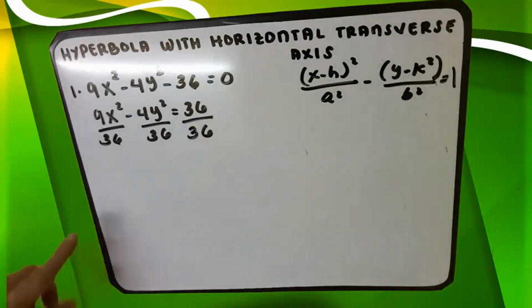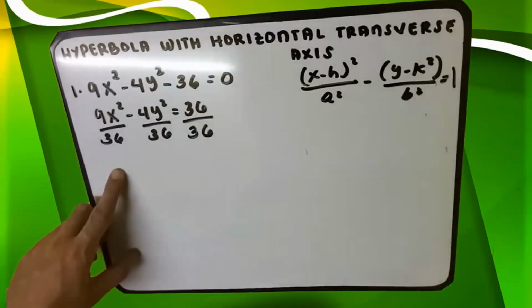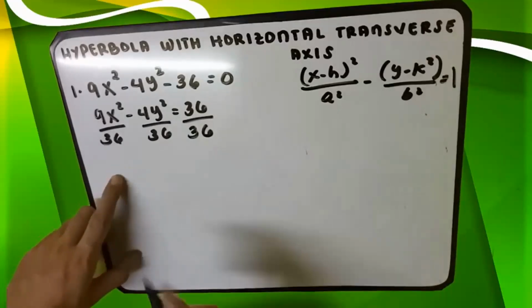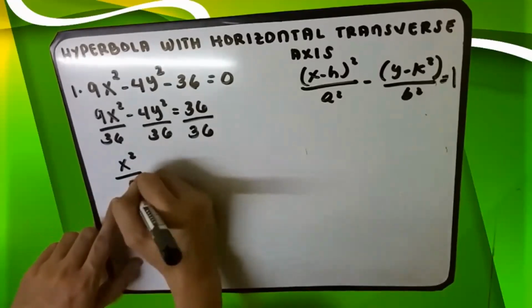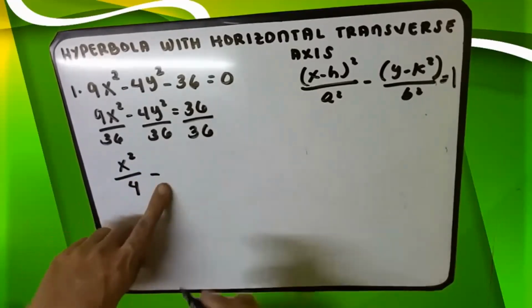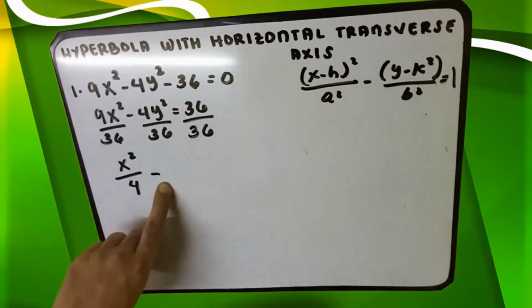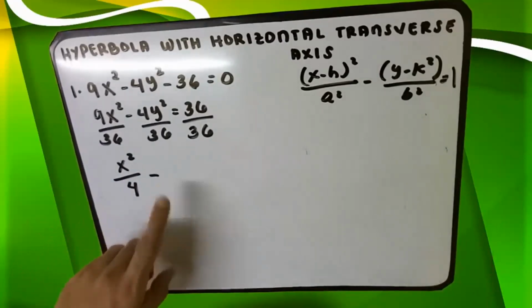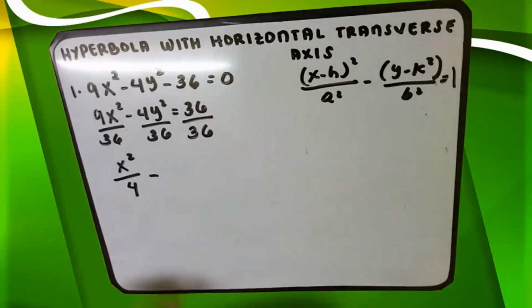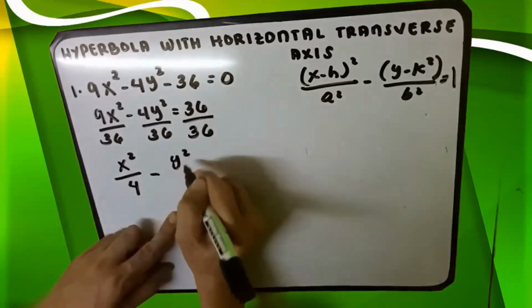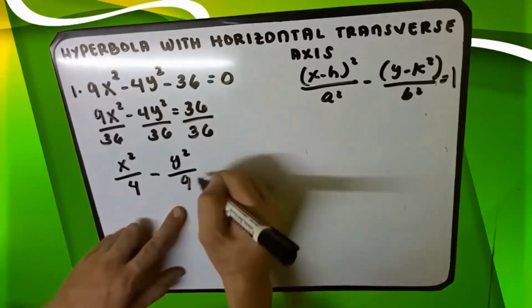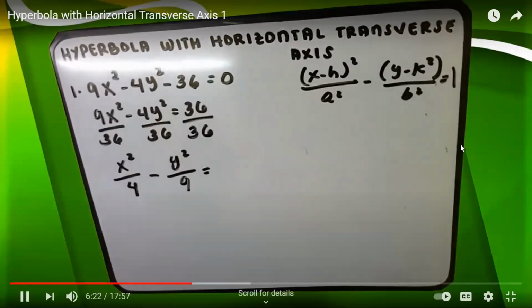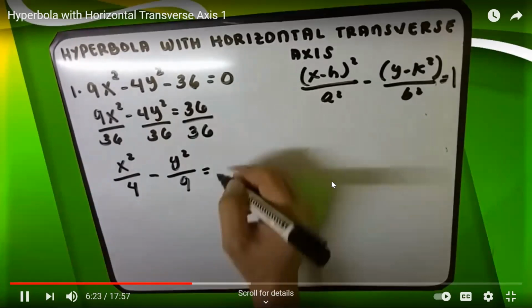So for 9x squared over 36, if we simplify, that is x squared over 4. And then minus yung 4y squared naman over 36. Ay, 4y squared. Tama. So that is y squared over 9. And then 36 over 36 is equal to 1.